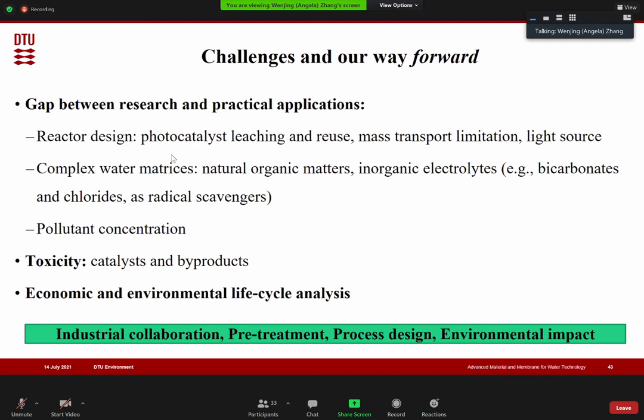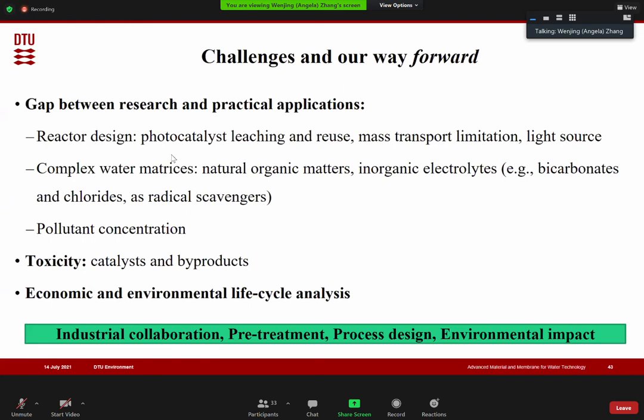The other challenge is that when we do experiments in the lab, we often simulate water in a very ideal way, but in the real world, we might encounter a very complex water matrix. For instance, natural organic matter or inorganic electrolytes can act as radical scavengers, especially for the radicals.